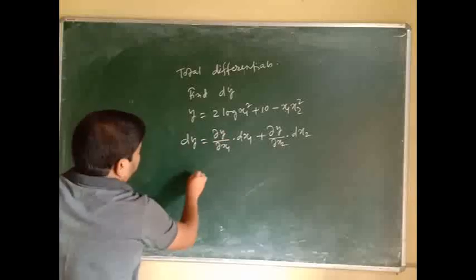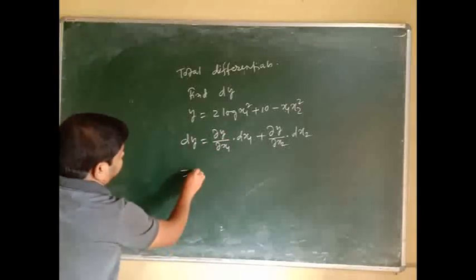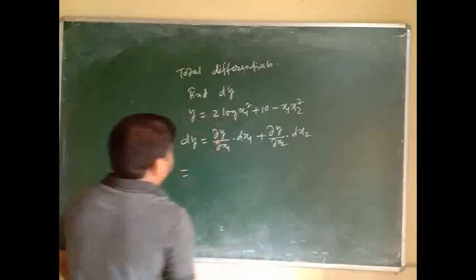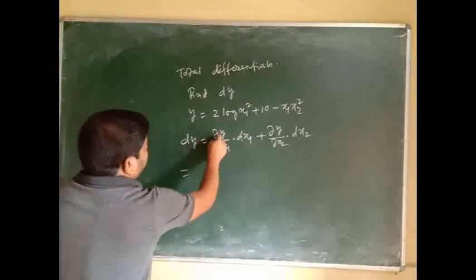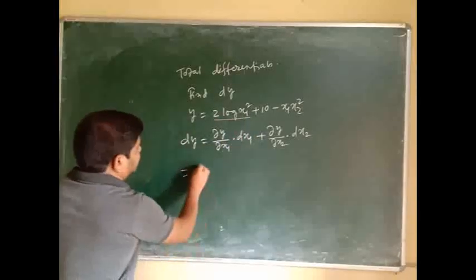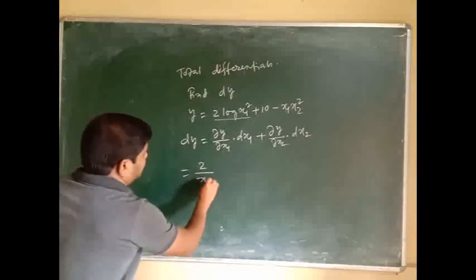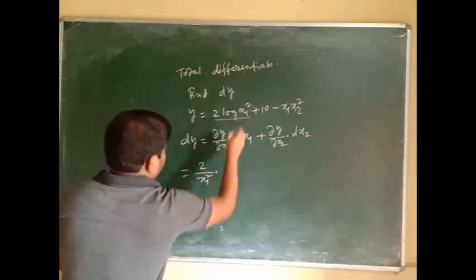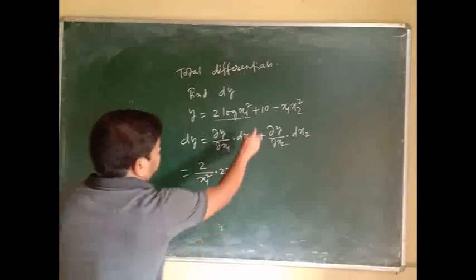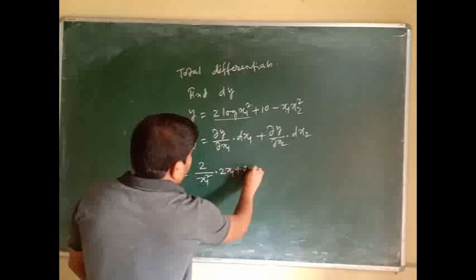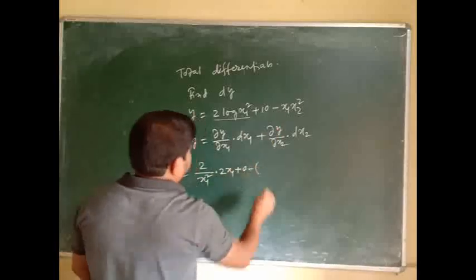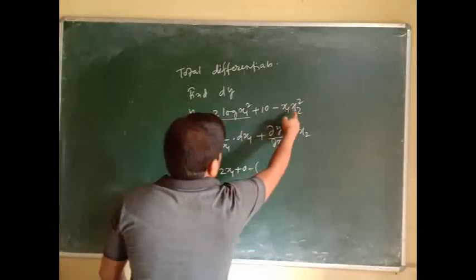So let us first find del y by del x1. When we differentiate this part, we have 2 by x1 square into the differentiation of x1 square, that is 2x1, plus this part will be 0, plus, the sign is minus here, so minus x1 x2 square.